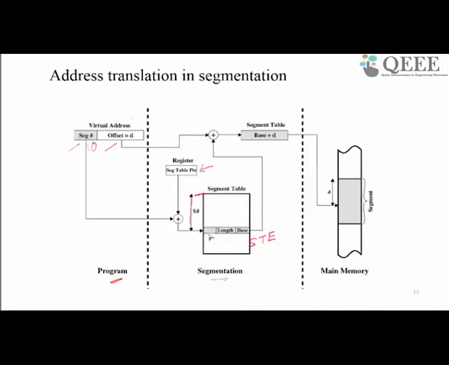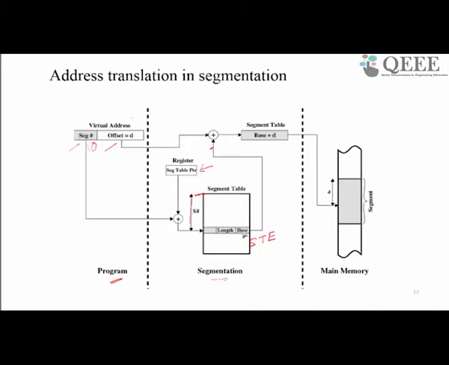If it is present, then you use the length field and the base field to generate the physical address. So you will use the base field that is present here and the offset, and add the base address plus the offset to generate the physical address.